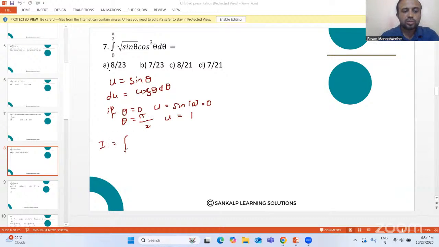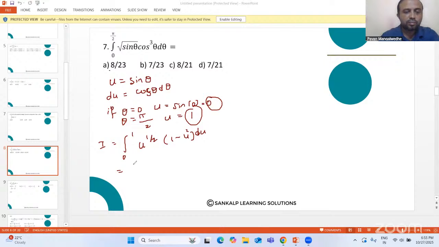I is equal to the integral from 0 to 1, because these are the new limits we got, 0 and 1. The square root of sine theta, since u is sine theta, you can write as u raised to half, times (1 minus u square) du, because cos theta d theta is treated as du.